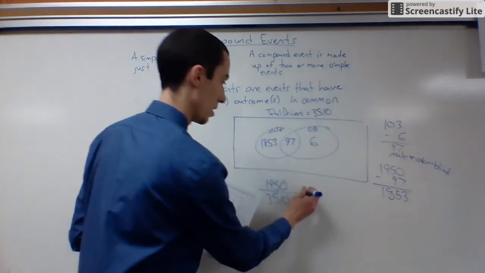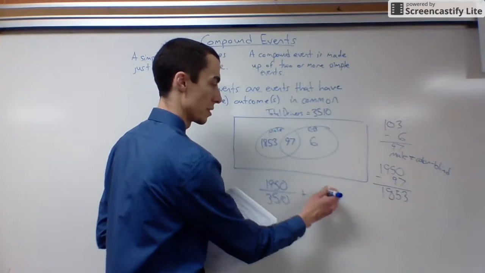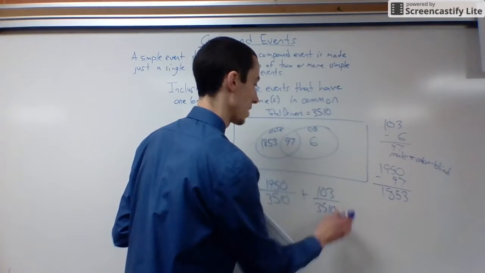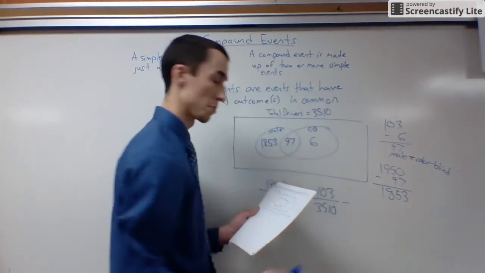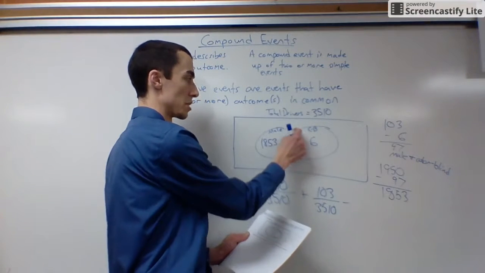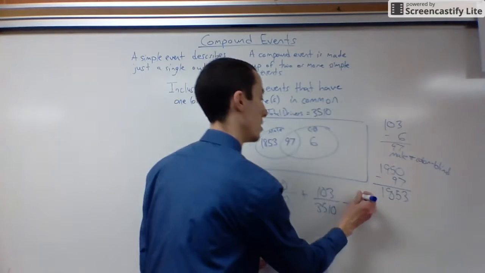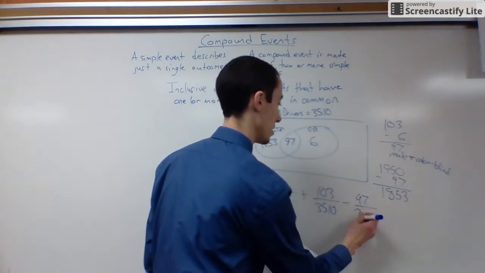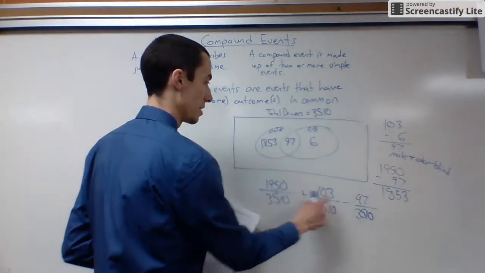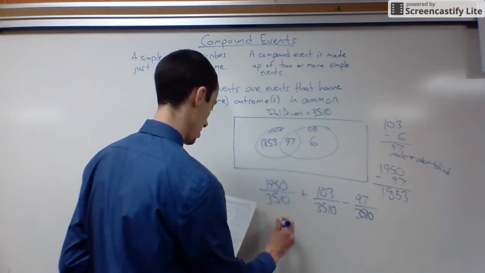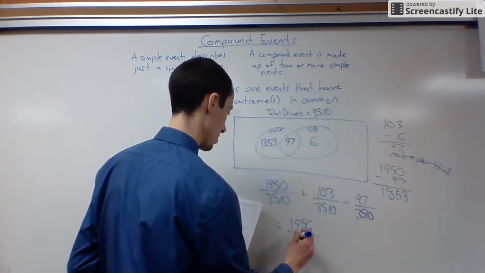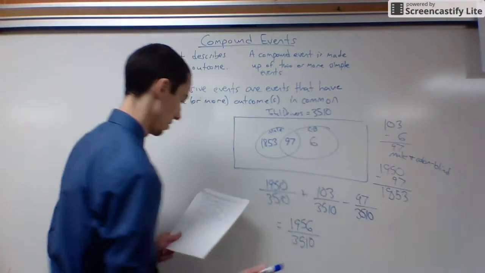The probability of colorblind would be the 103 total colorblind out of 3510, minus the probability of being both male and colorblind, which is this middle region, this intersecting region here, giving us 97 out of 3510. And so add and then subtract our numerators, and we would get 1,956 out of 3,510.